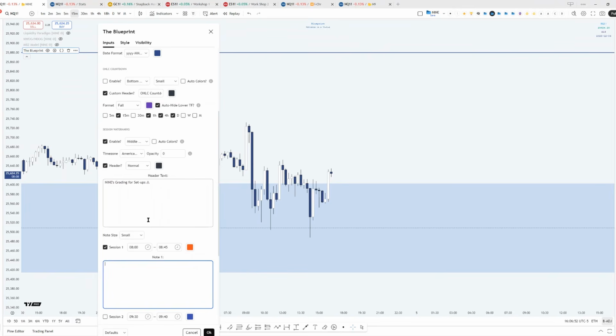So the actual grading of these entries, I'm going to make them pop up to the middle right over here just so we can go over real quick what I talked about. We can make this pop up until market close here. And it's going to pop up right over here.